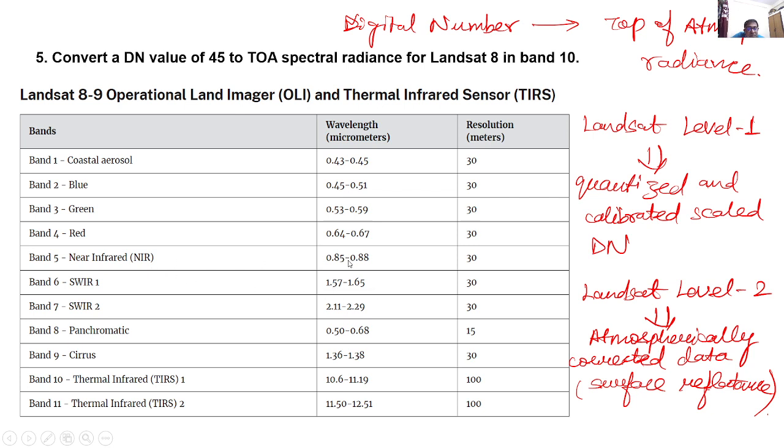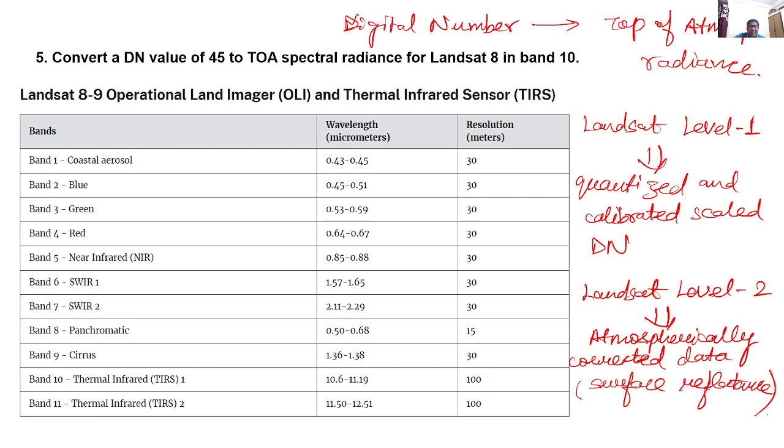Band 5 ends at 0.88. So from 0.88 to 1.57 microns, there is a gap. Then again between 6 and 7, between 1.65 and 2.11, there is a gap. Same is the case with band 10 and the bands previous to that. There are gaps in those cases also.